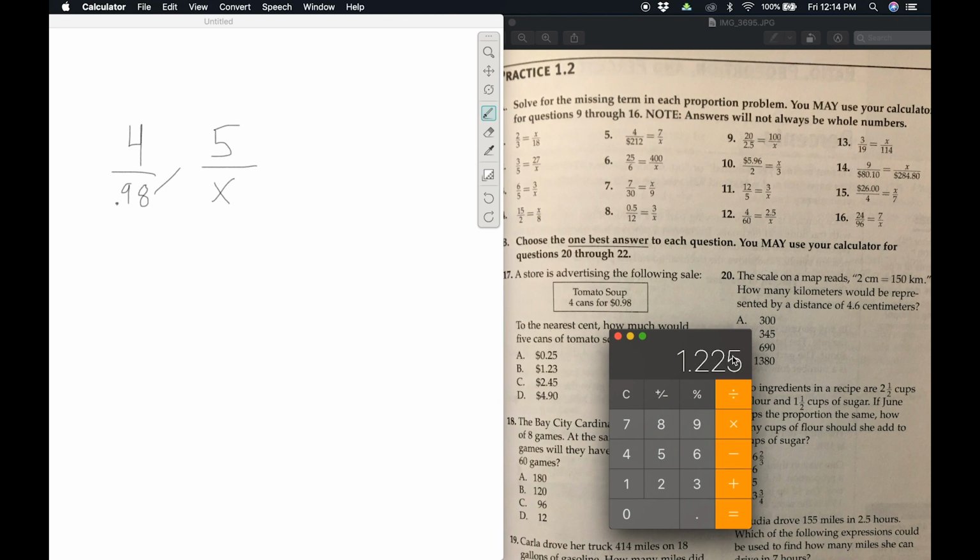So it says to the nearest cent. Okay, so with dollars and cents we would stop right over here, because another digit would just make another whole number.